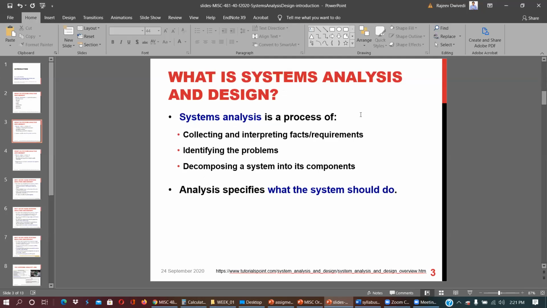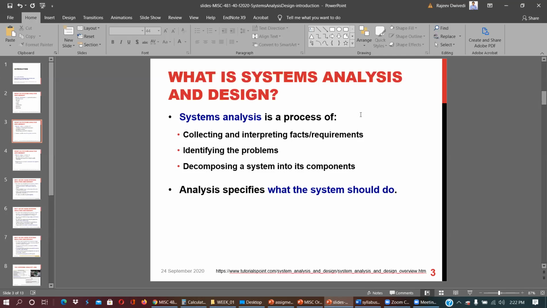So system analysis is a process of collecting and interpreting facts and requirements. Why is this a process? Because when you develop a system, you feel this is done and this is a product. No, my dear friend, that is not so. It is a continuous process. When you see Microsoft, every other day or every week you get some updates.